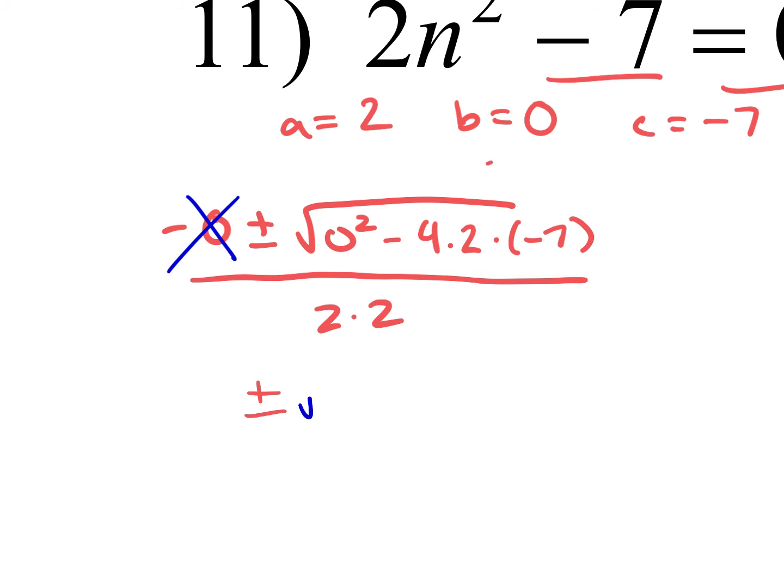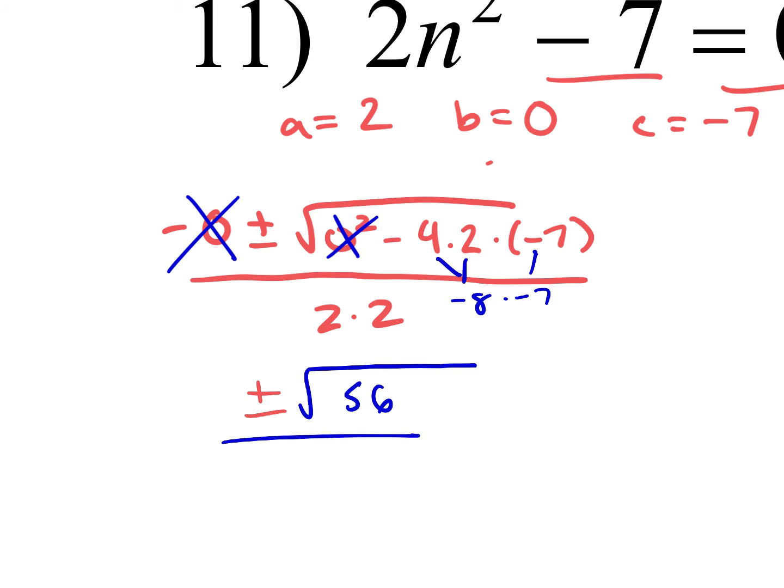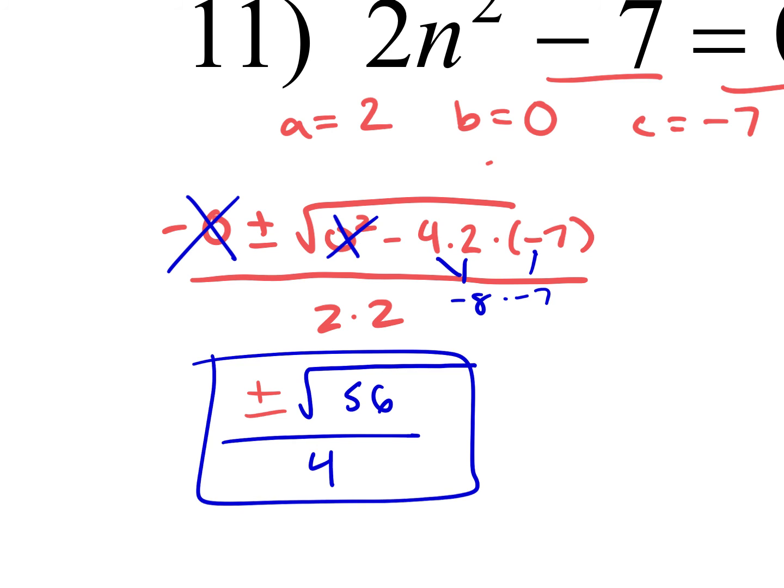So I just have plus or minus the square root of, what's 0 squared? Just 0. What's -4 times 2? -8, and what's -8 times -7? 56. And then 2 times 2? 4. So this would be plus or minus the square root of 56 over 4. You don't have to write the 0 out front.